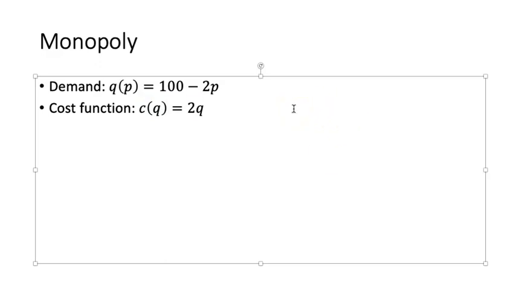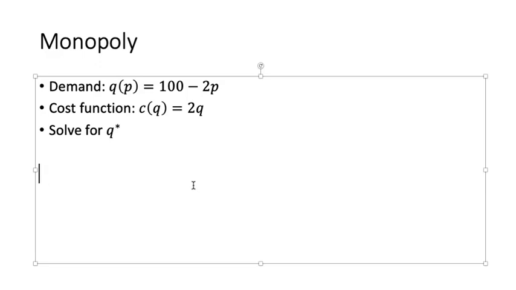Now solve for Q star. When you see this, this is your demand function. So the goal here is to convert this into an inverse demand function, so price as a function of quantity. Then we solve for the profit maximum.